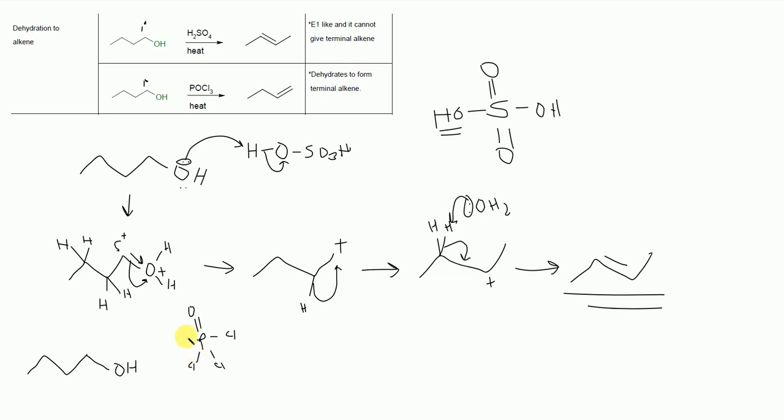And essentially, this site right here, the phosphorus, is extremely electrophilic. And I have electron density going in this direction, this direction, this direction, right? Because these chlorines are electronegative, essentially making this phosphorus very partially positive.